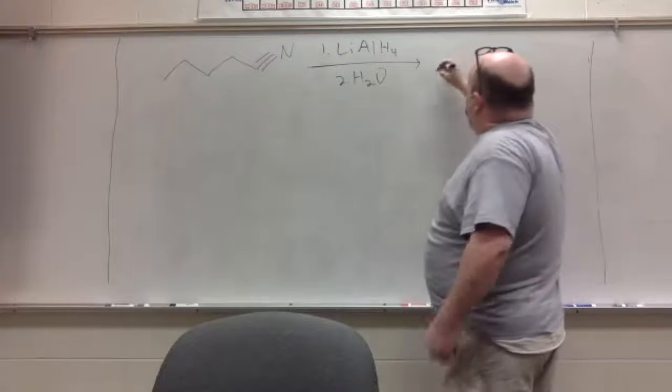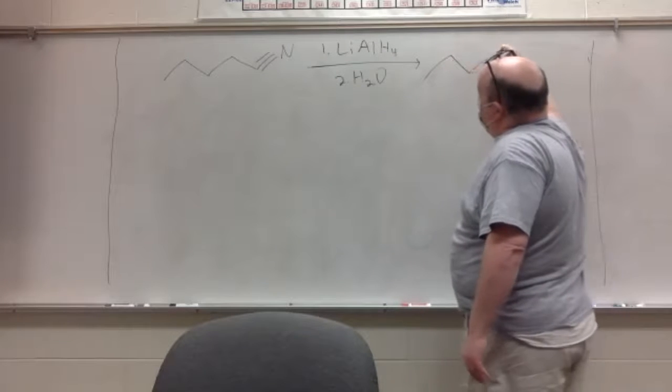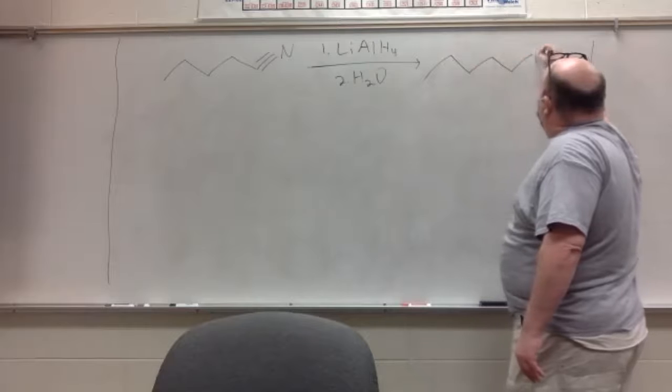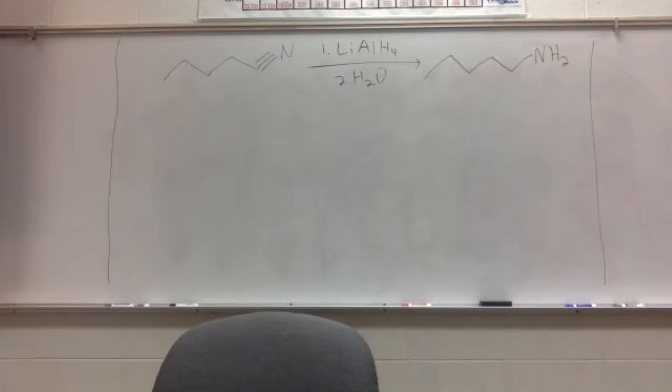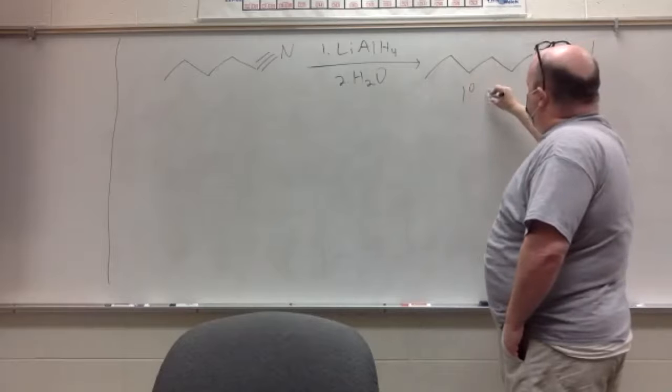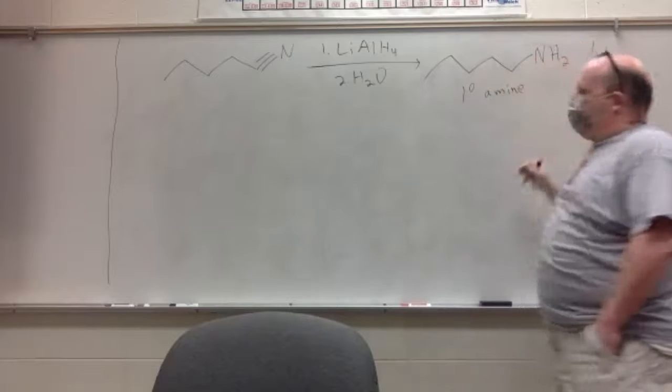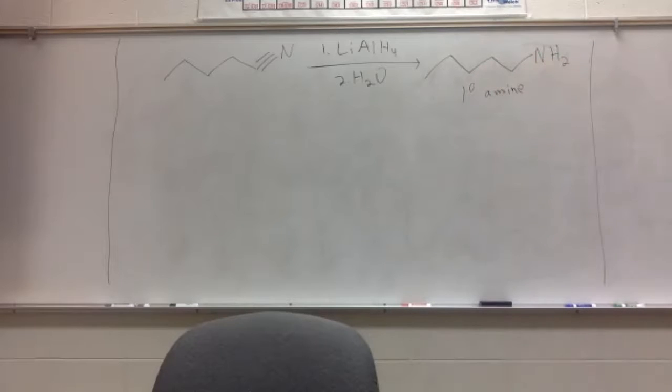If we're using a strong hydride source, that means it's going to be reduced all the way to an amine, to an NH2. So, if you do a strong hydride reduction of a nitrile, you're going to get a primary amine.